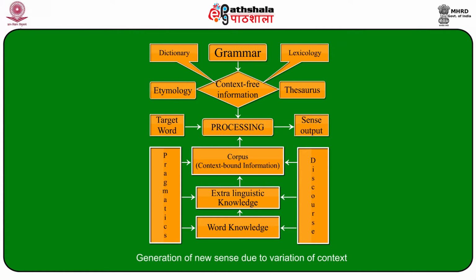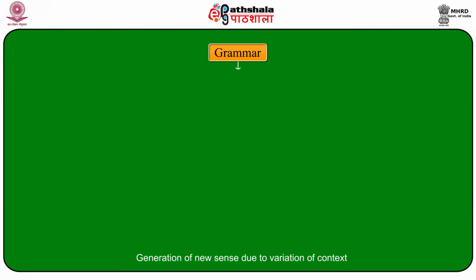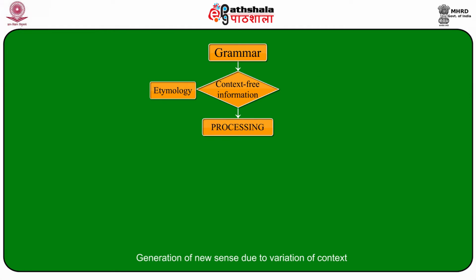Now look, if a huge language data of a language is available, from there we can have a large corpus. And this corpus reflects the possible contexts where this target word is found to be used.